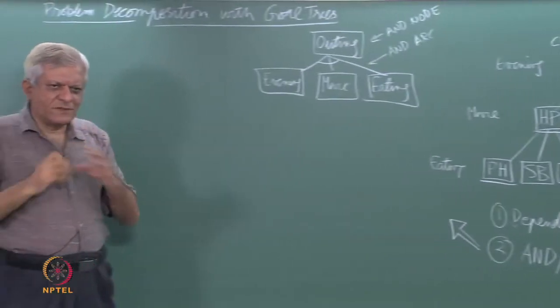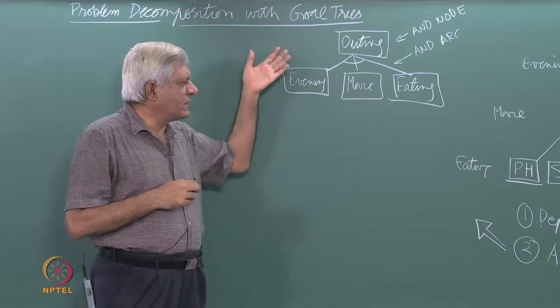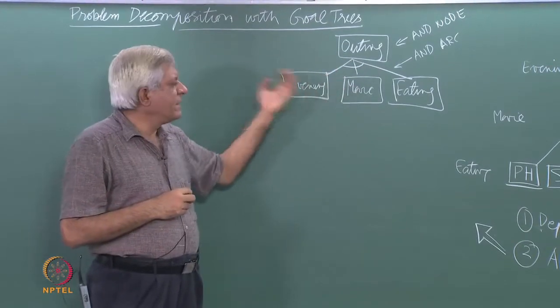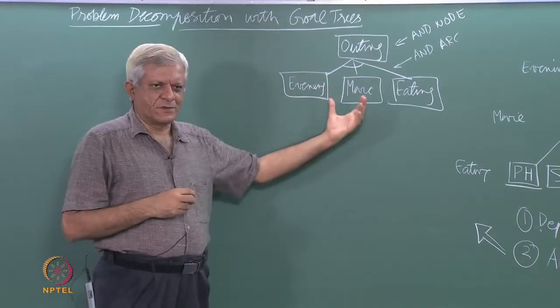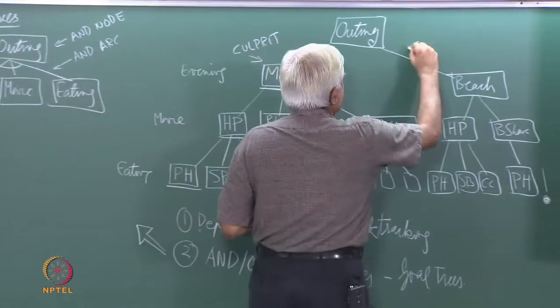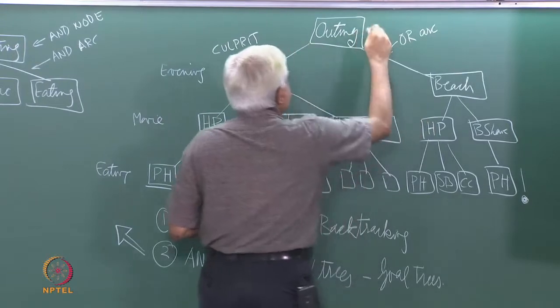An AND node is a node from which all the nodes that it points to, it is a directed graph, every one of them has to be solved, as opposed to such a node. This we would call an OR arc, and this we would call an OR node.